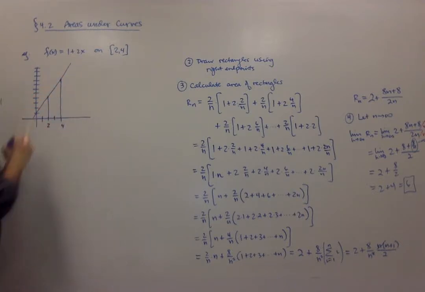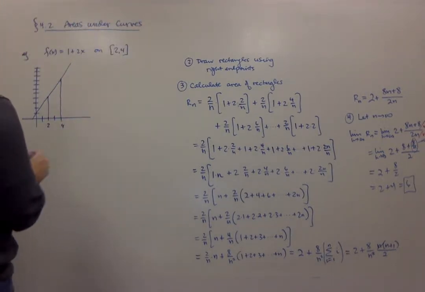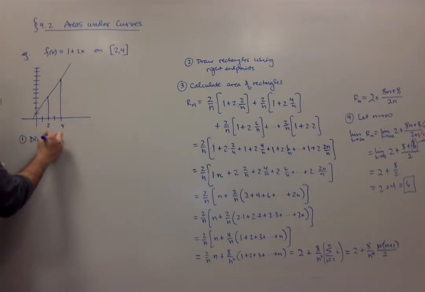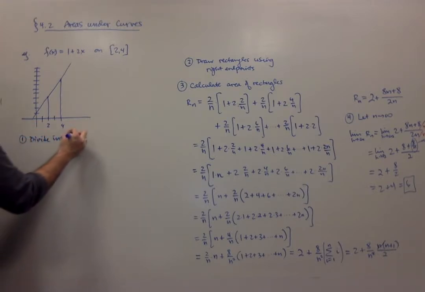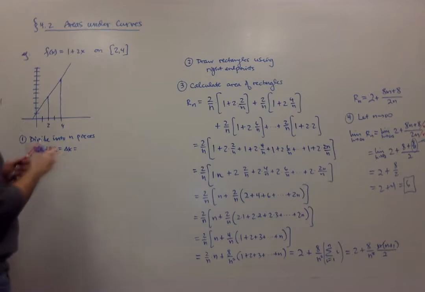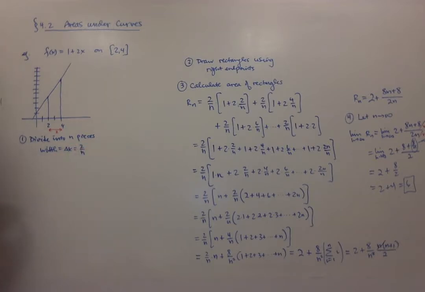I'm not going to do that here, just for time's sake. So the first thing, again, is to divide the interval into n equal pieces. And so the width here, delta x, well, the overall width is still 2. I just shifted the interval over. So if I do n equal pieces, it's still going to be 2 over n.